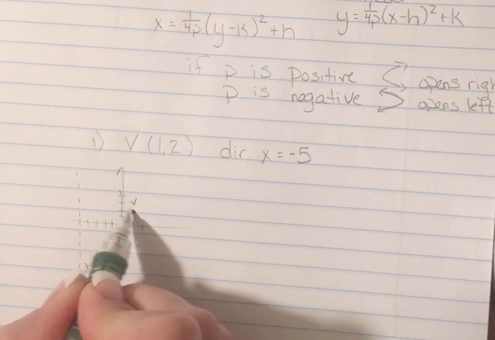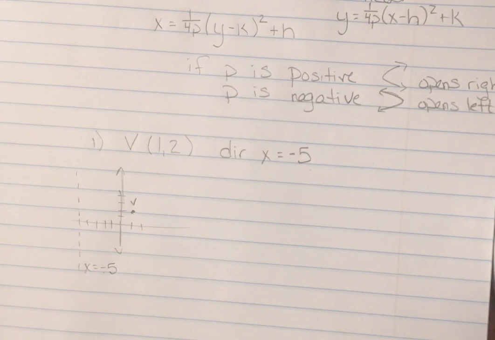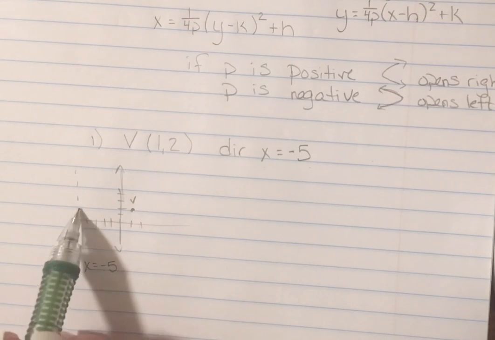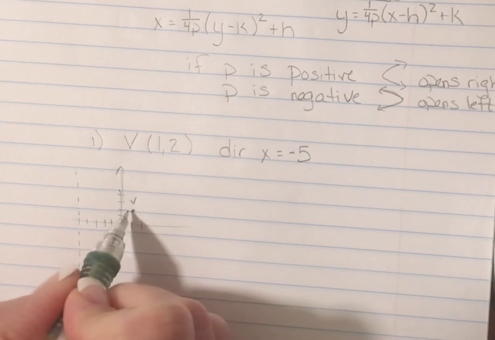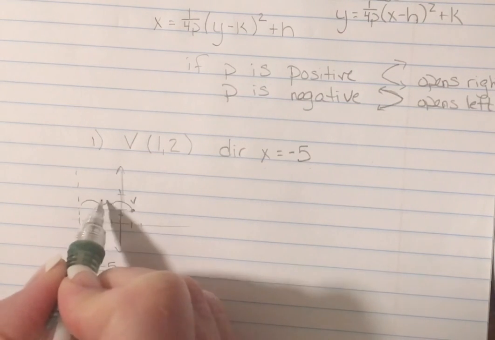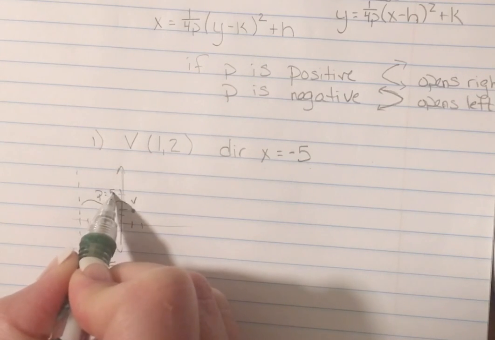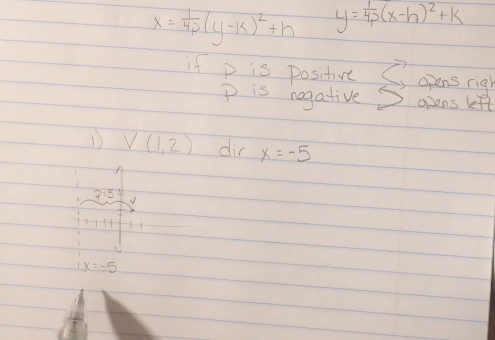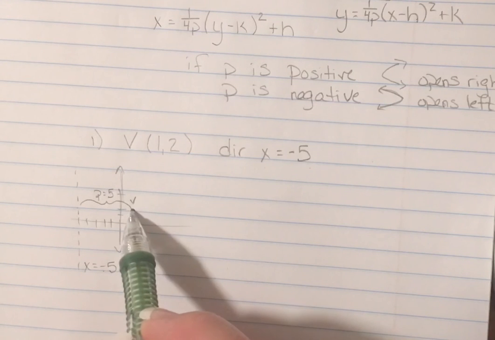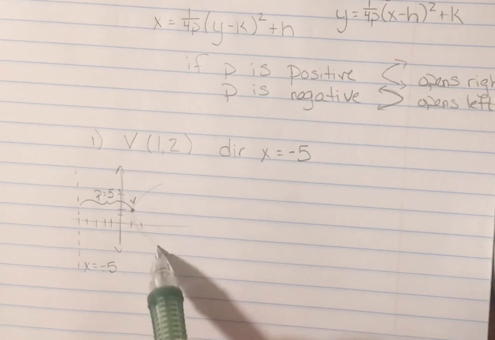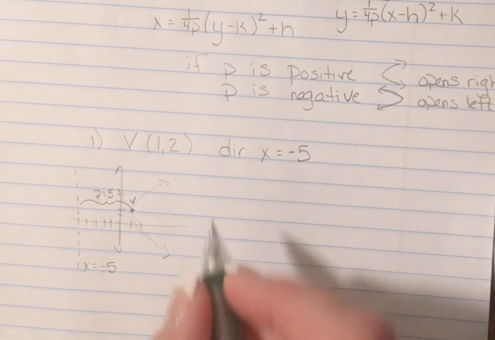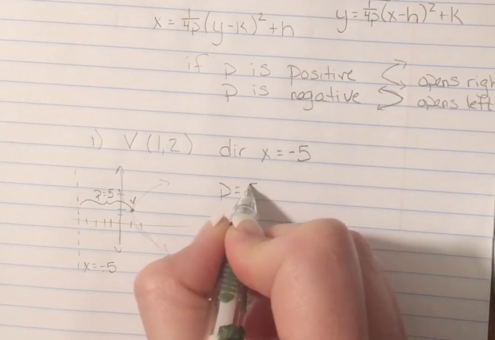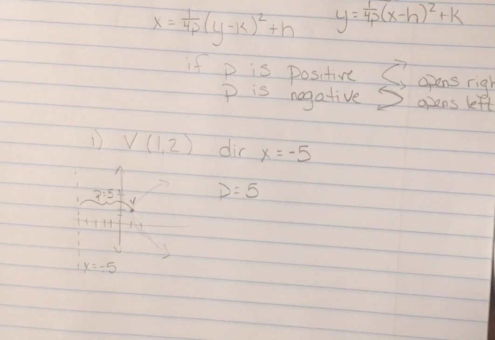From the vertex to the directrix is the value of P. That's why I drew a graph, because I don't like doing it in my head. I want to see it. It makes me feel more confident. So 6 units. So P equals 6, and since the directrix is over here, I know that my P is positive and that my parabola opens like this.